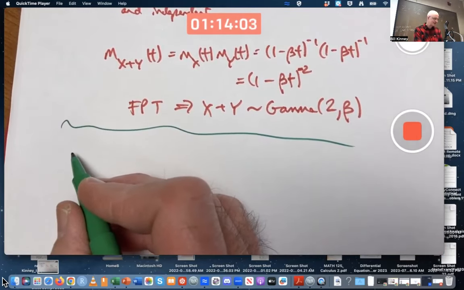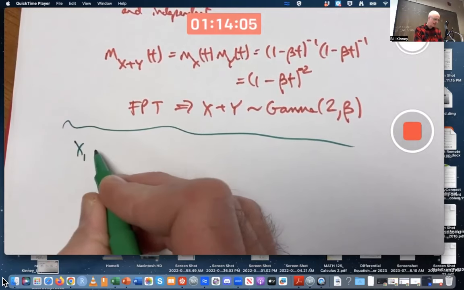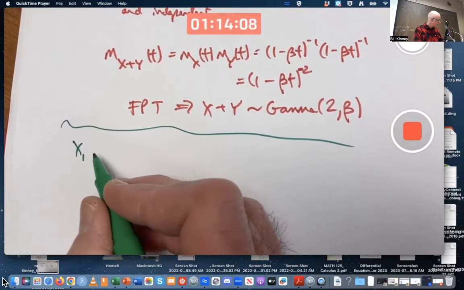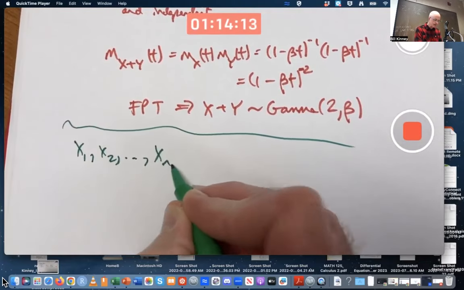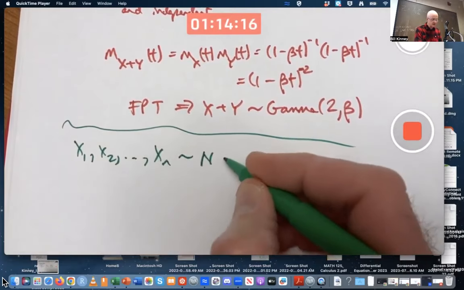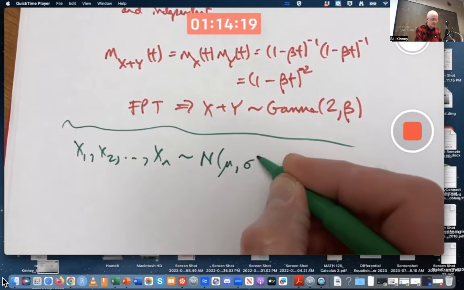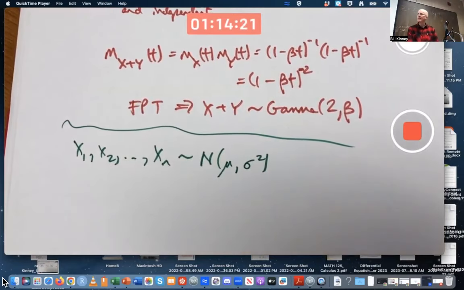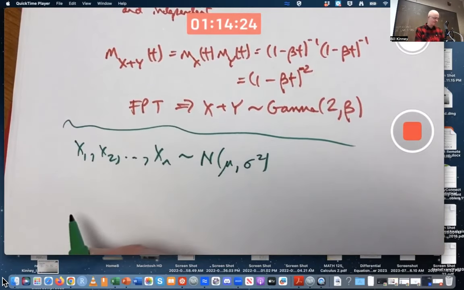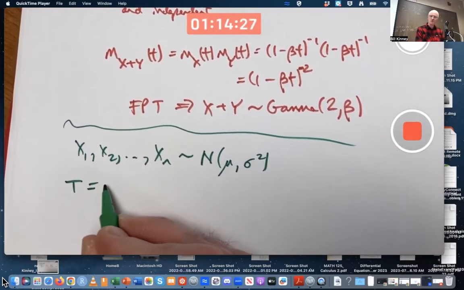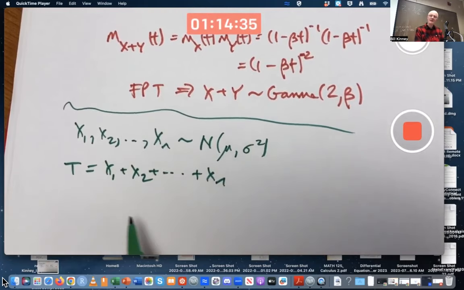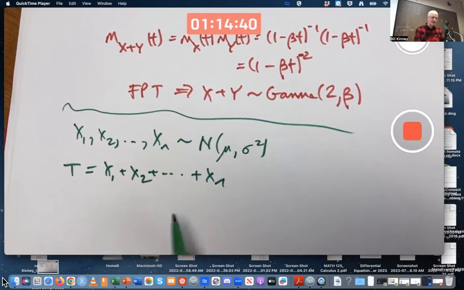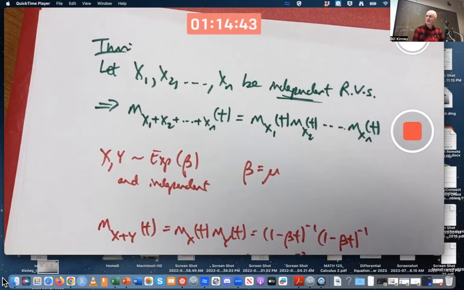If these X1 through Xn are all normally distributed with the same mean and the same variance, and if you add them to get a total, then you can figure out the distribution of the total by using this theorem and the moment generating function for a normal.